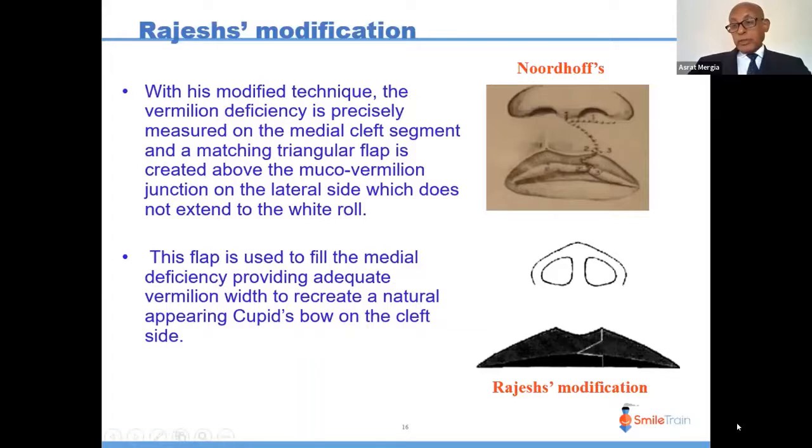So I still have two issues on the Rajesh modification: how much bulk we need to insert, and whether this two-sided triangle is really producing a bulge after repair, or the bulge will remain lifelong on that aspect. Rajesh also recognized that he is trying to insert an isosceles triangle into a defect not similar to it.